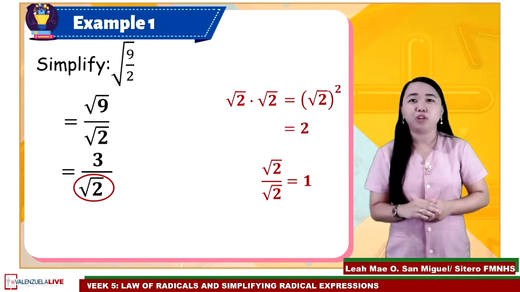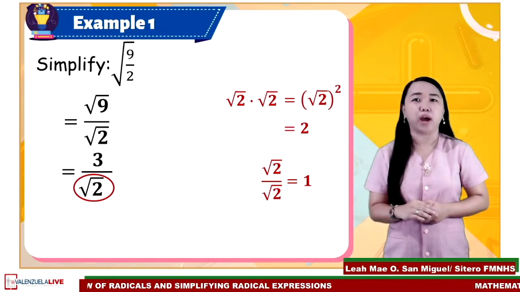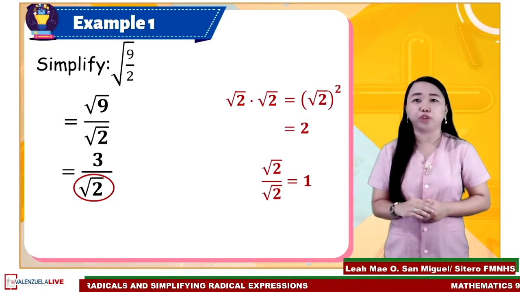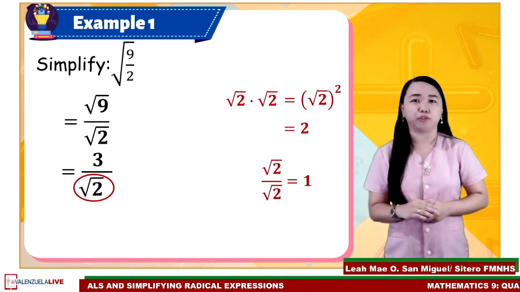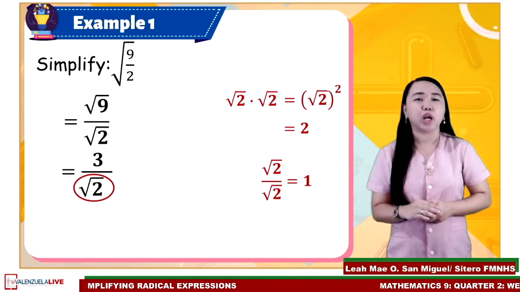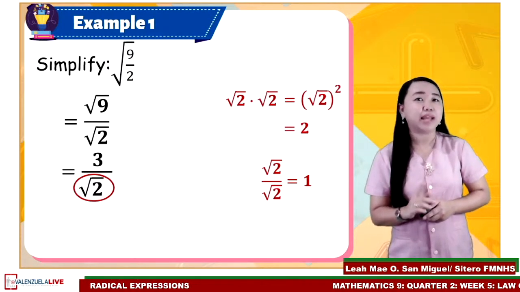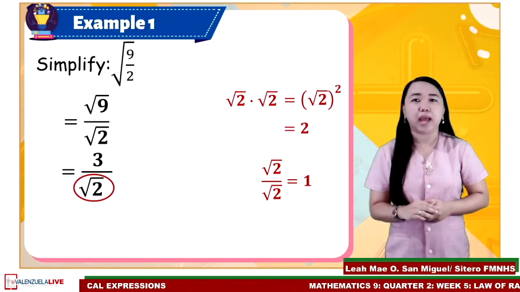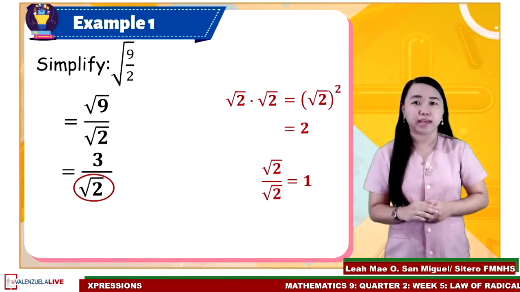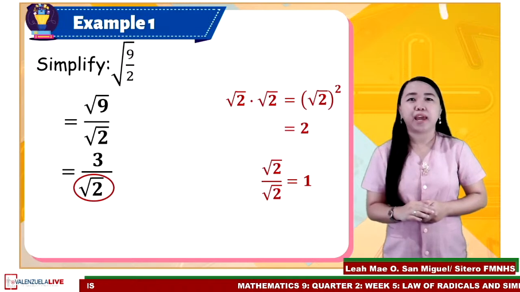The only thing that changed here is the representation of the multiplier 1, by using square root of 2 over square root of 2. In short, to rationalize the denominator, multiply the numerator and denominator by the same radical contained in the denominator if the index is 2.